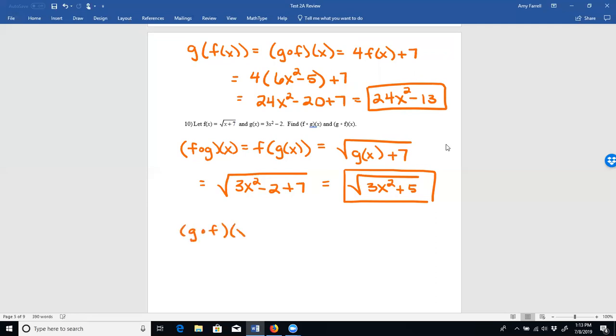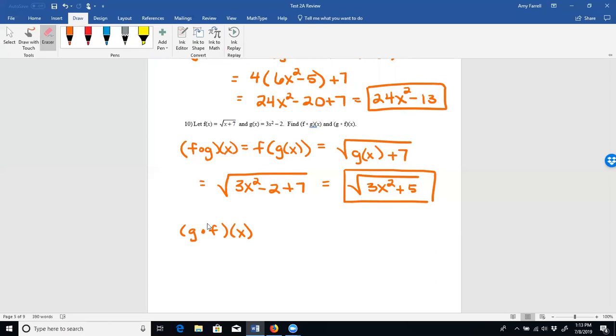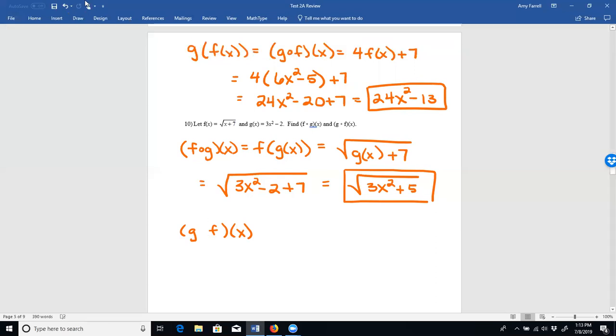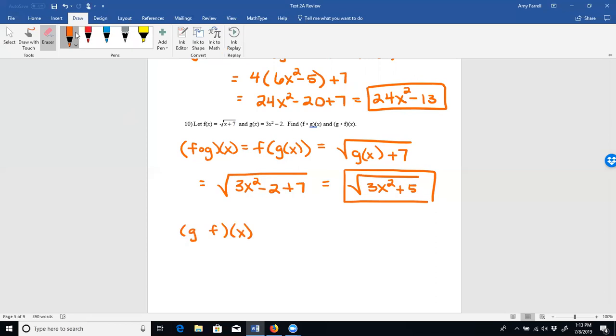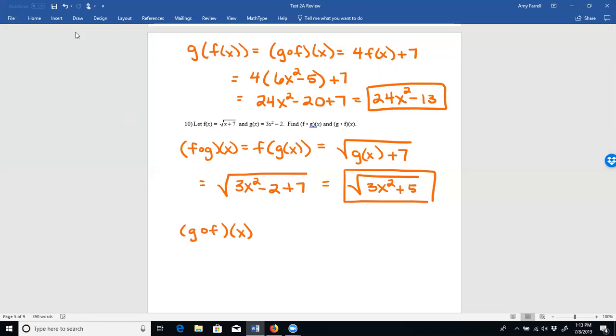To go the other direction and do g circle f of x, this is when we plug f into g.